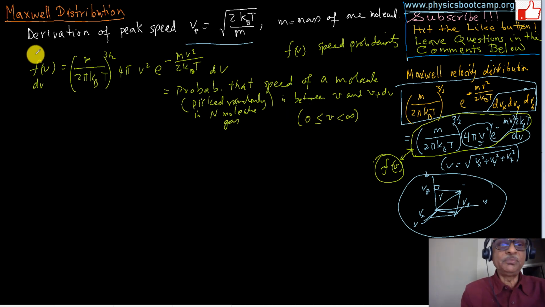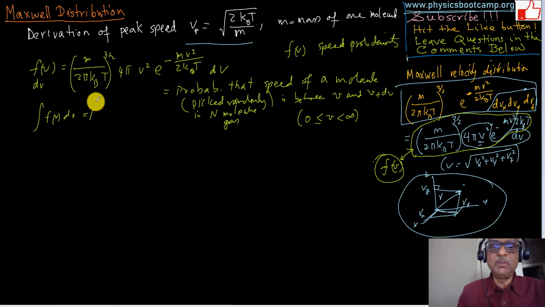So when you integrate fv dv, you will get 1, because the probability will be 1 for going from 0 to infinity. That's where all of these factors come in.